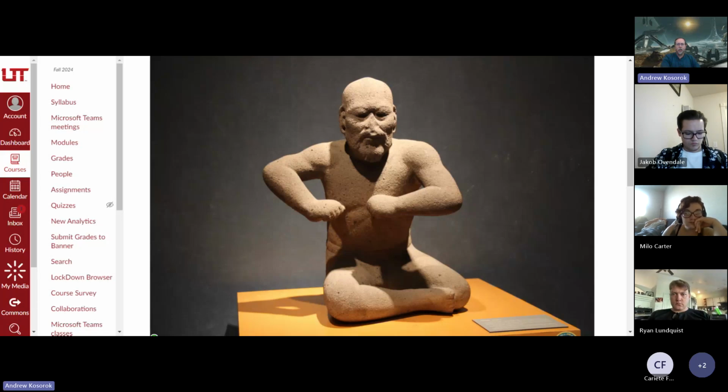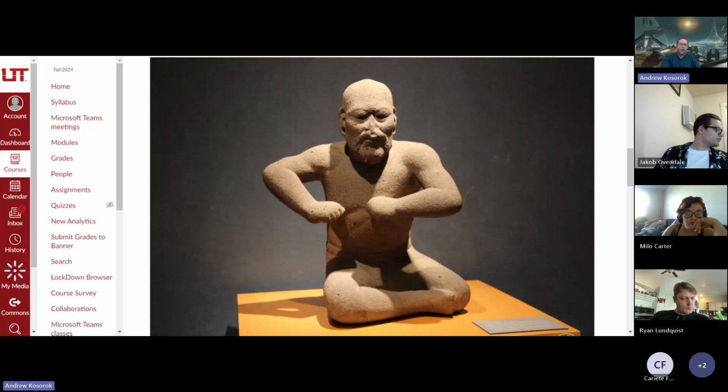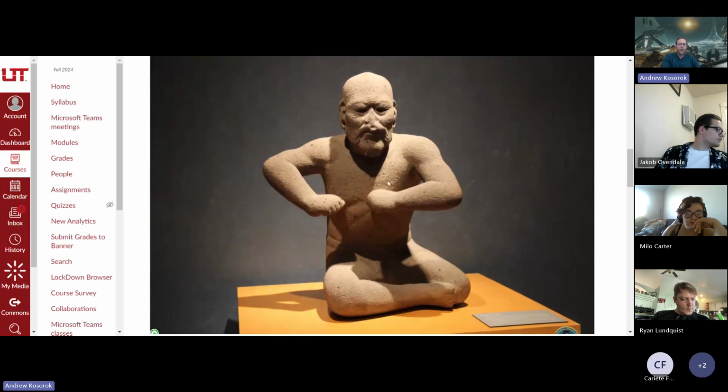I think what we can say is whatever they were demonstrating in the features, that was important to them. That stylization, whatever it was, was important to them. So I don't think that we can use Olmec artifacts to prove the ancient alien hypothesis. I'm sorry, Ryan. I know that's a disappointment, but there it is.